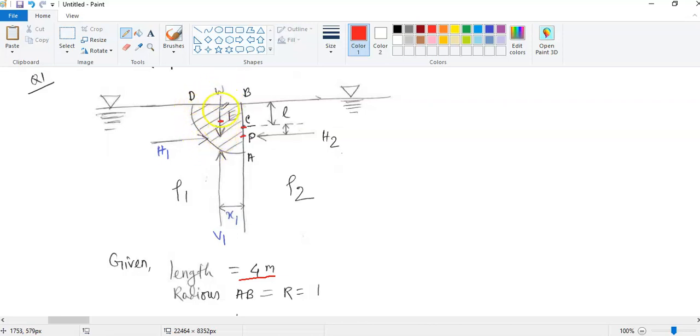This is W, the weight force acting at the centroid, and weight is the density, gravity as the body force acting here, and the volume. So that's the weight force. Eventually this is the vertical force.